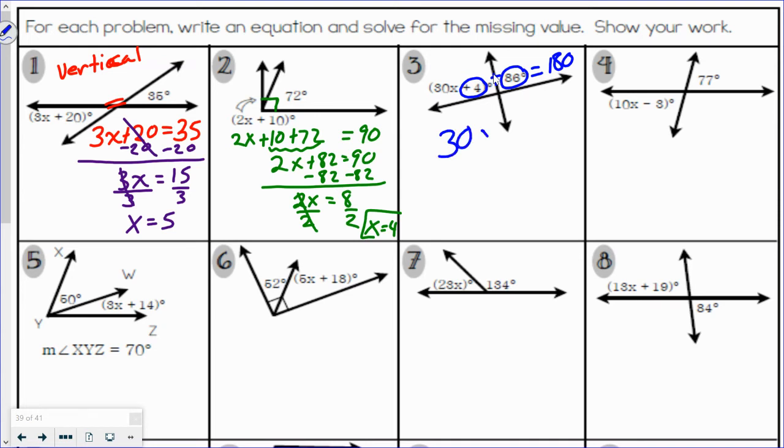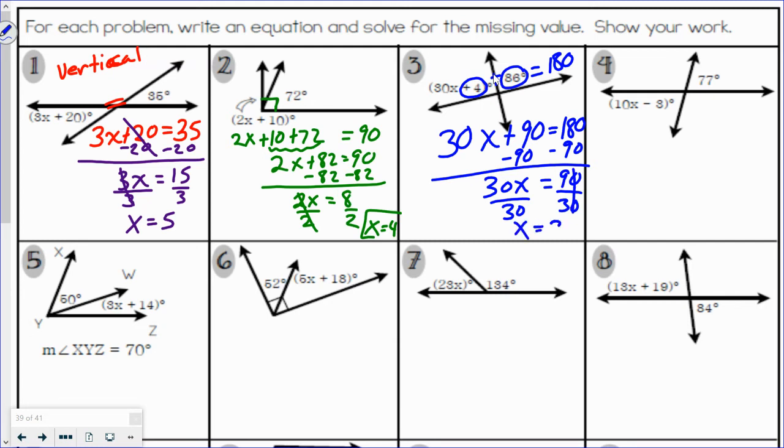So 30x plus 90 equals 180. Subtract 90. 30x equals 90. And divide by 30. x equals 3.